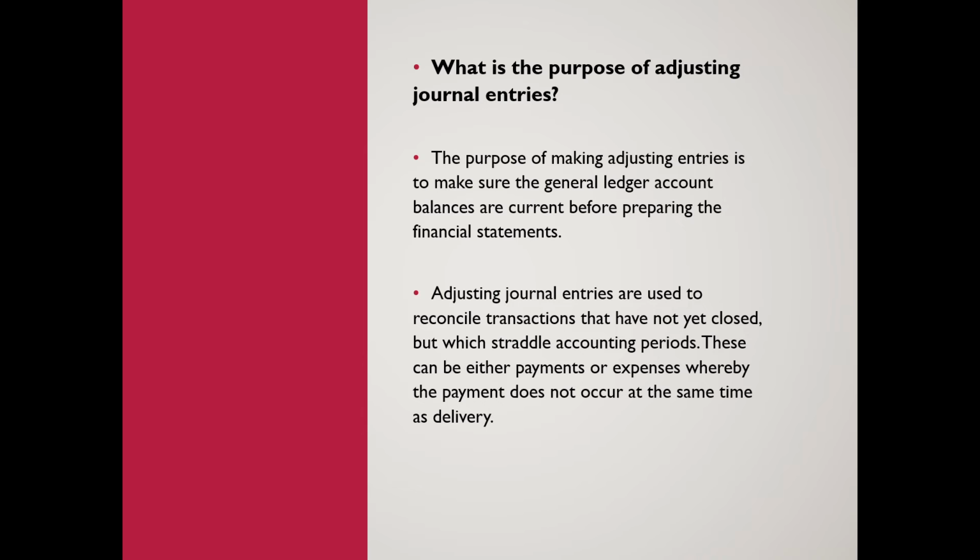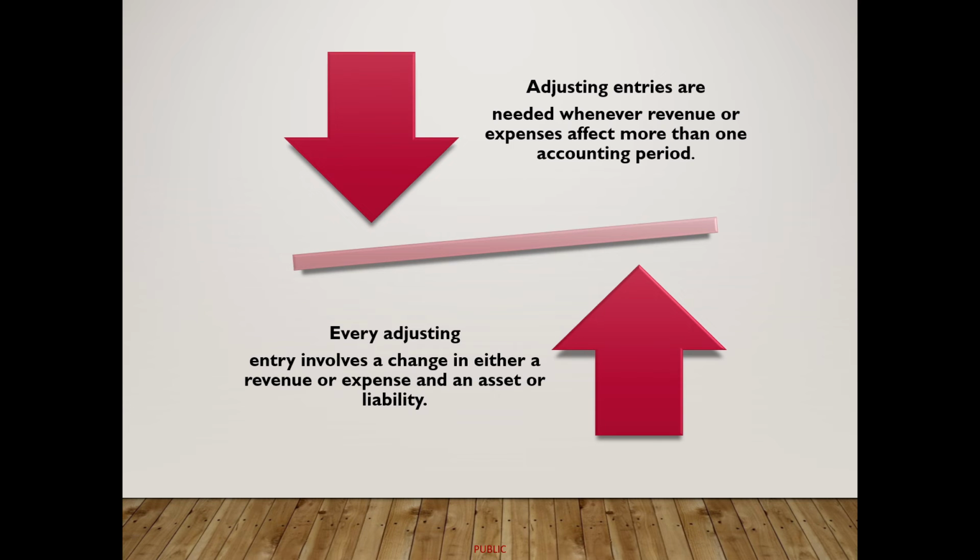This is the basic purpose of adjusting journal entries. Adjusting entries are needed whenever revenue or expense affect more than one accounting period, and every adjusting entry involves a change in either a revenue or expense and an asset or liability.